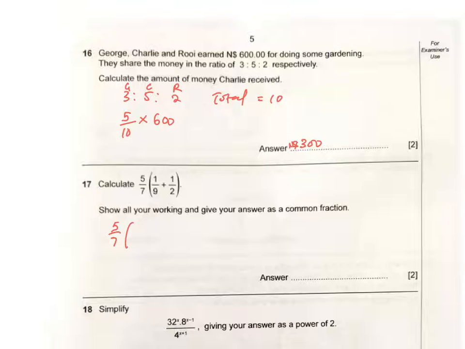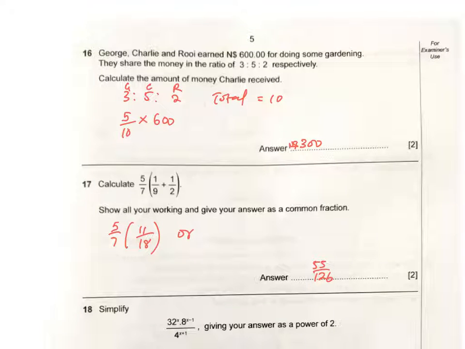There you press on your calculator 1/9 plus 1/2, and that gives us 11/18. Now you multiply by 5/7, and that gives us 55/126. So 1 mark will be for that, and then for the final answer.